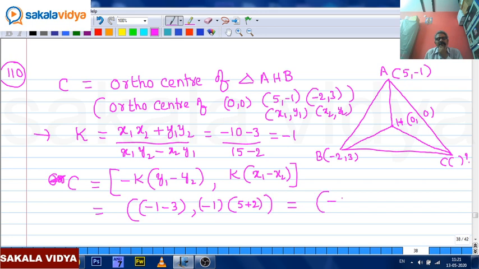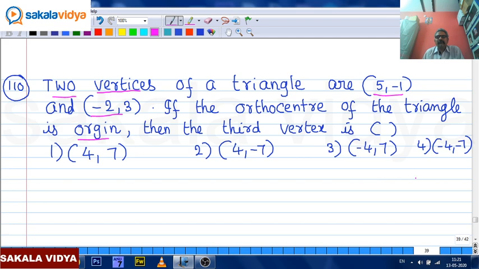This is minus 4 comma minus 7. Fourth option is the right option.